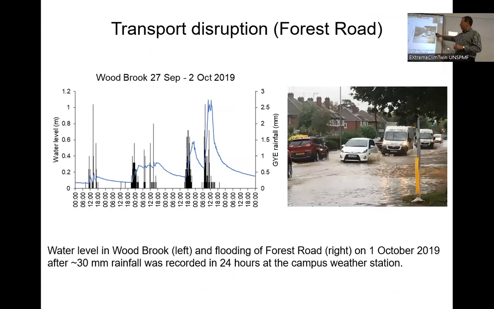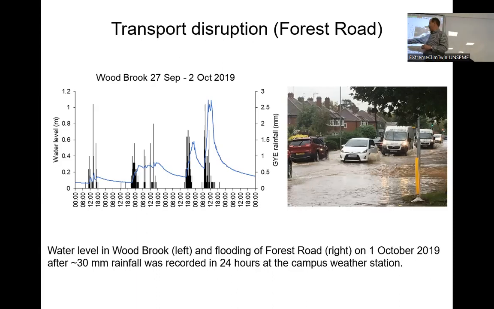And here's one of the roads that leads to one of the entrances to the university. So this was the situation on the 1st of October 2019 when I was coming to work.